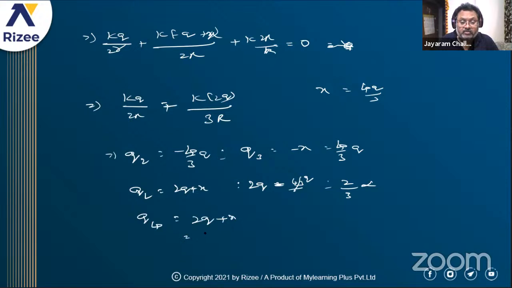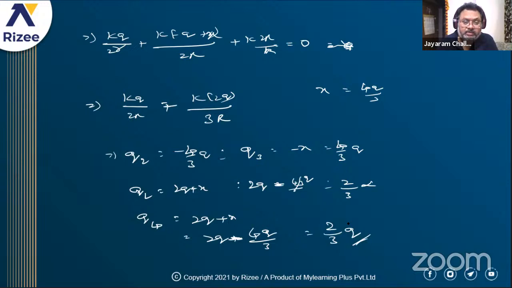Oh, sorry. It is only 2Q plus x. So we need the value of x, which we have already got over there, sir. So it will be the minus of 4Q by 3. That comes out to be 2/3 of the Q.